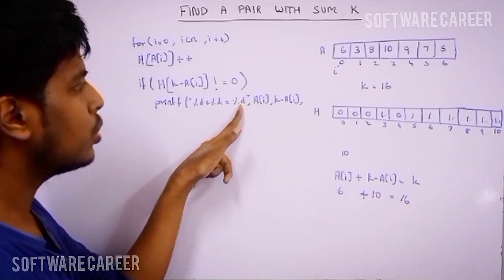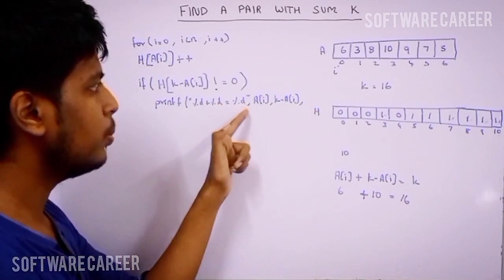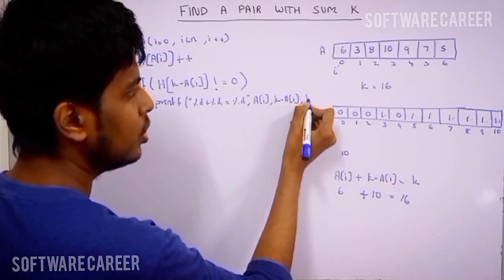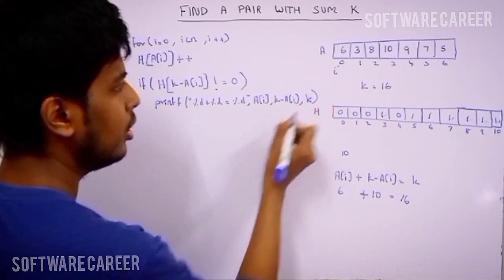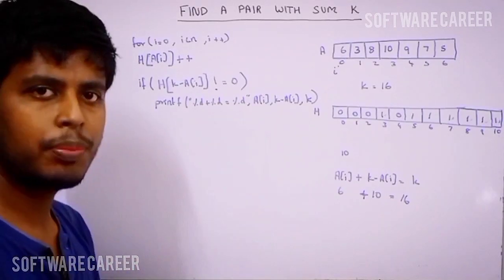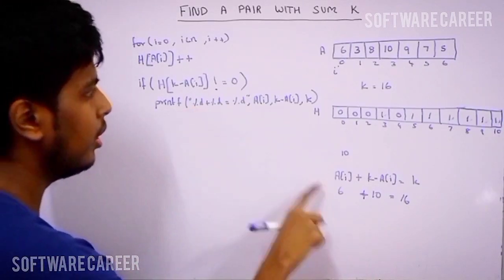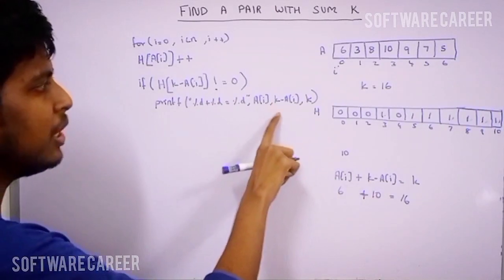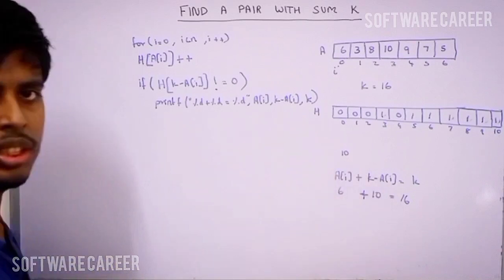The third percentage d is 16, that is k, so I am writing k. So if it is not empty, it will print the pair: 6 plus 10 equals 16, that is a[i] plus k minus a[i] equals k.